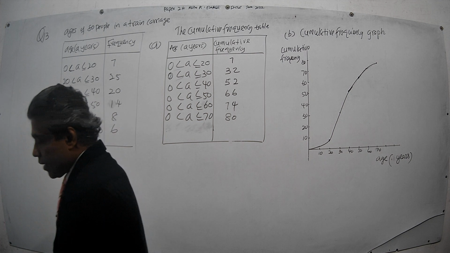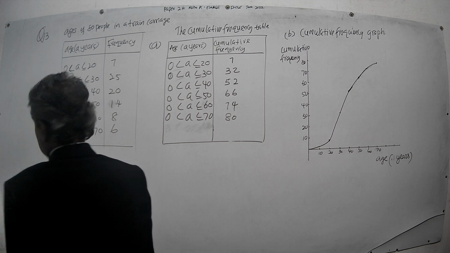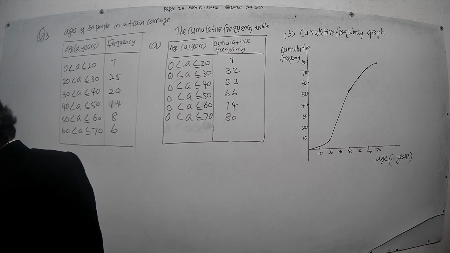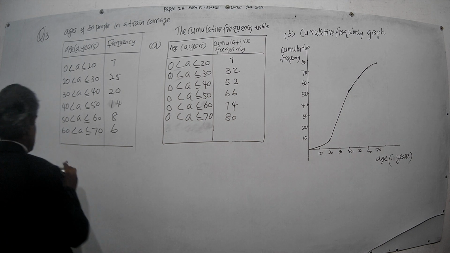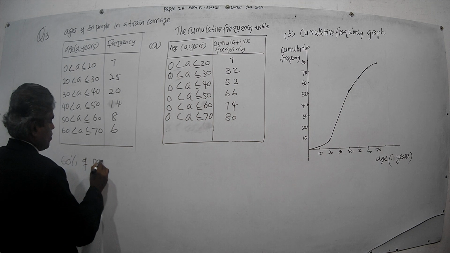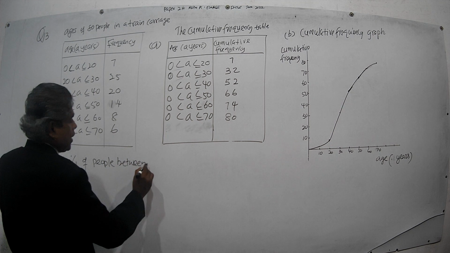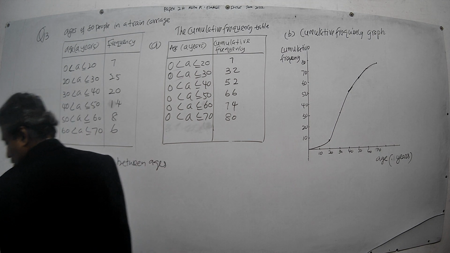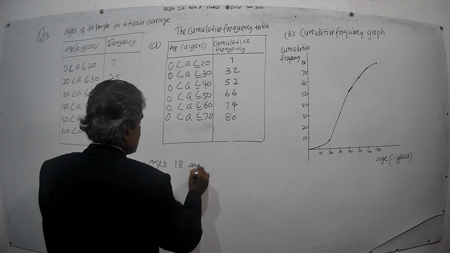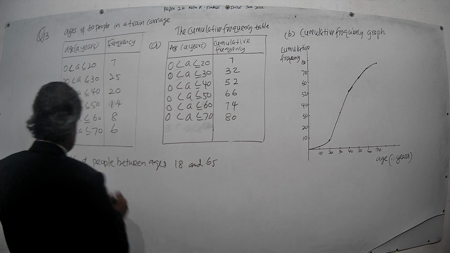Then they say question number D. 60% of those who are aged between 18 and 65 are going to work.